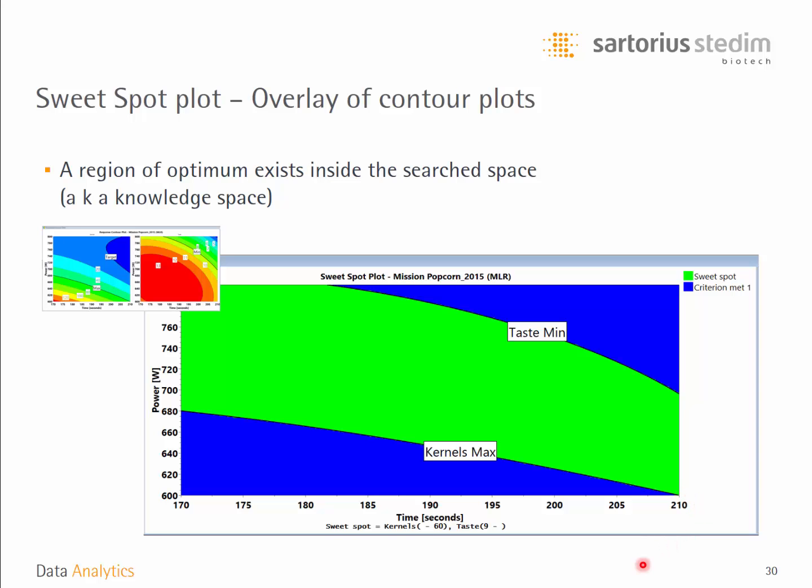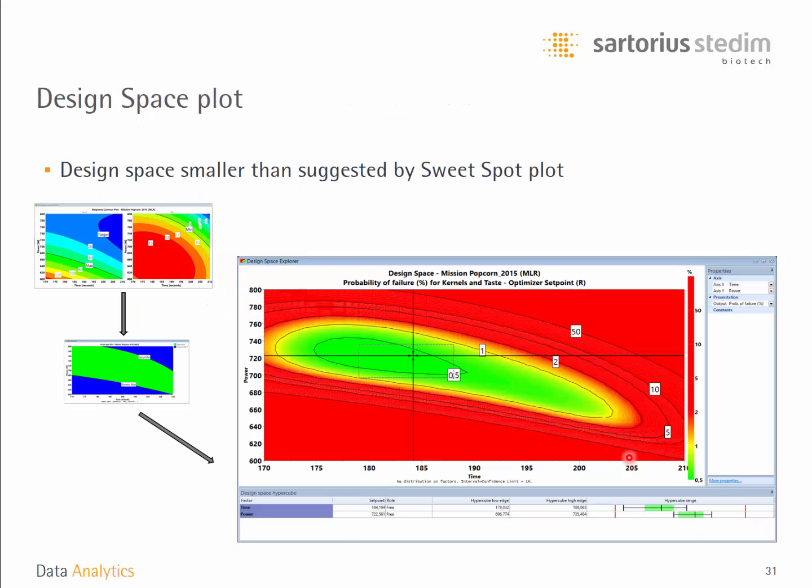What we can then do in DOE is to take another step by starting to estimate how stable this system is. What about small uncertainties in the factors? What about model uncertainties? What about different uncertainty intervals and so on and so forth? How stable is it? And then we take the step from what we call the sweet spot plot over to what we call the design space plot.